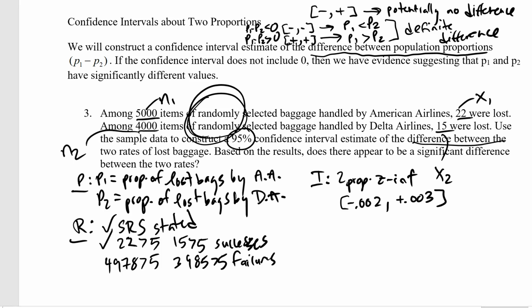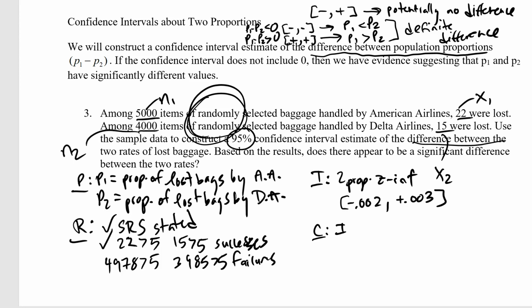Now, these are small proportions. Keep in mind, they don't lose that many bags. But the question is, is there a difference between these two companies? Well, what's in our interval? If it goes from negative to positive, that means 0 is in our interval. That means we believe there is, not that there is no difference for sure, right?